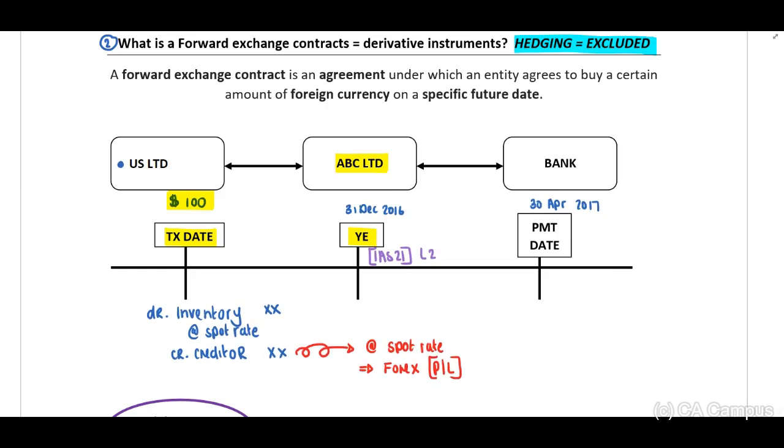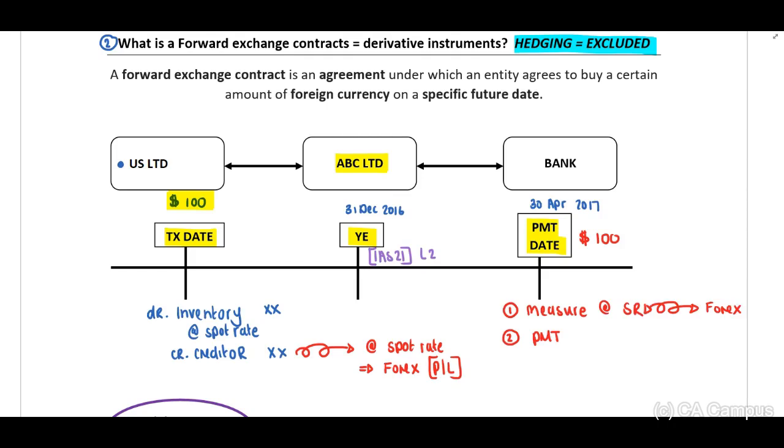On payment date, do you agree with me that we will have to pay US Limited $100? Therefore, step 1, in terms of IAS 21, we will have to remeasure our creditor at spot rate. And number 2, you need to recognize your payment journal.